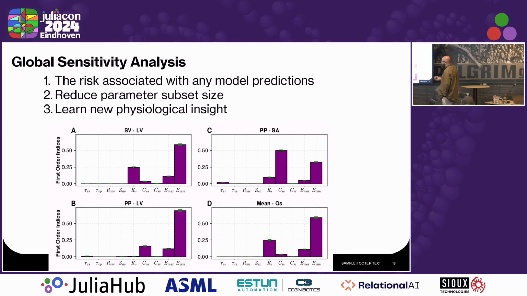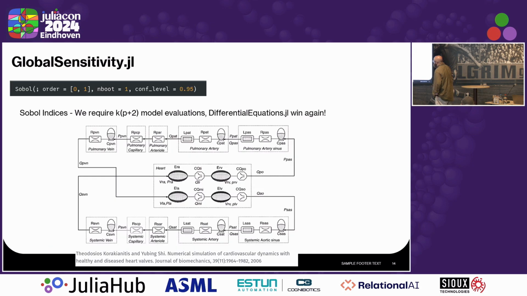It also allows for confidence intervals, so you can do bootstrapping, resampling with replacement, that allows you to say how confident you are in your global sensitivity analysis results, which is vital to be able to provide. It all comes back to this quantification of risk. What's the risk associated with any predictions you're making? And then also gain physiological insight. It all really stems from the Sobol indices that you can obtain.